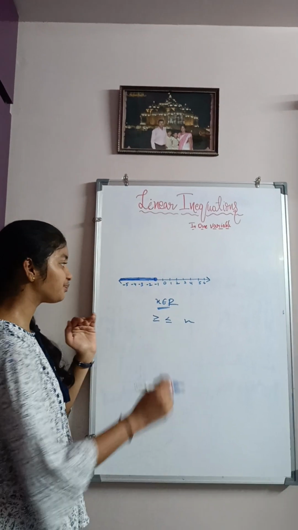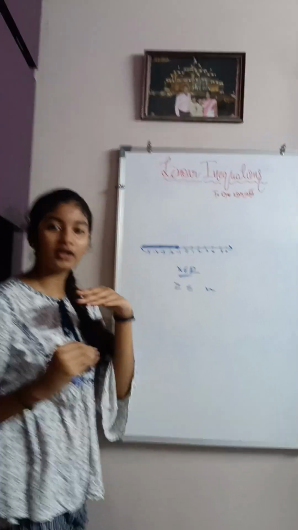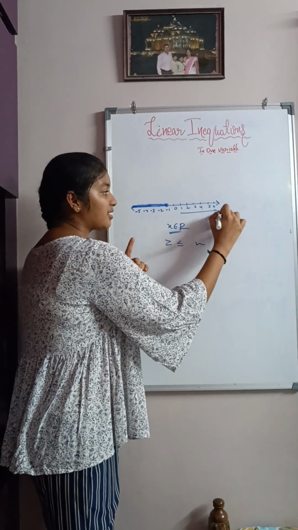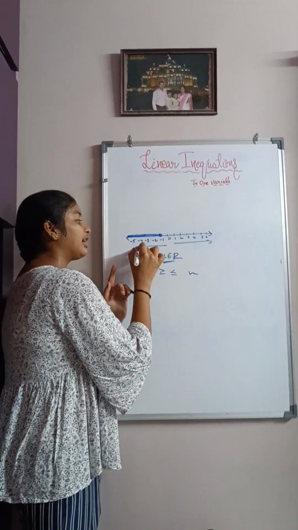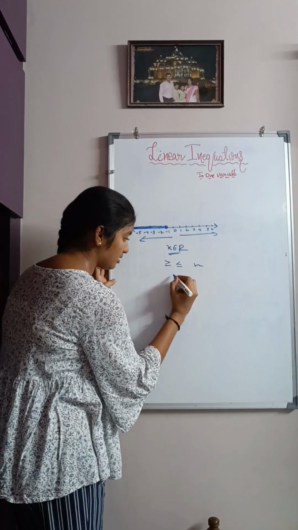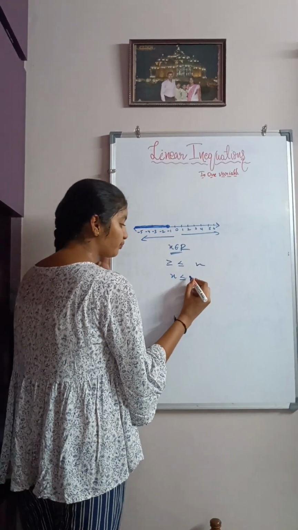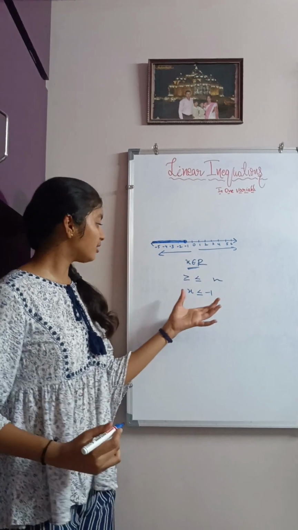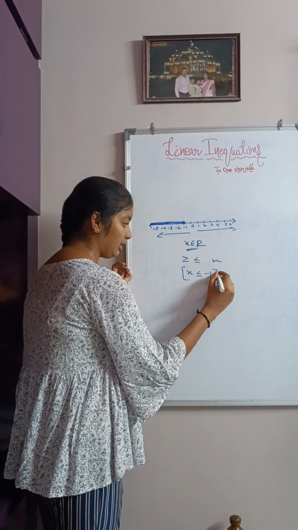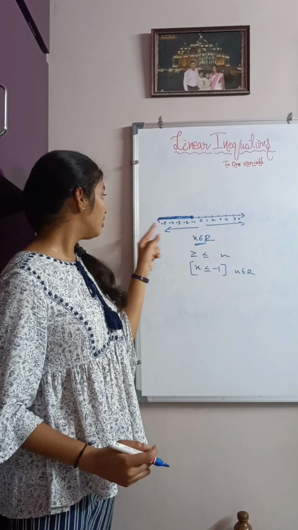So how to confirm is, as the numbers increase with a negative sign, what will happen? The positive signs mean it will increase. The negative signs mean it will decrease. So what is the sign that we need to keep is, x is less than or equal to minus 1. This is how we should write the values. Like, we can form the inequation, and next we need to write x is equal to real numbers.